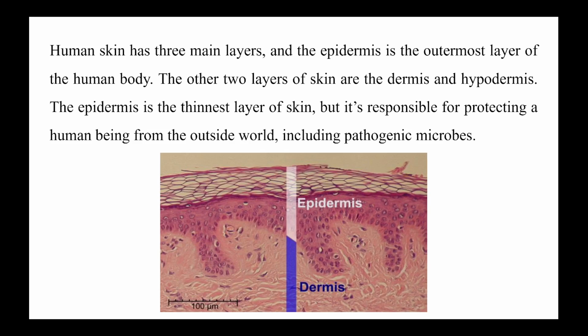So, epidermis is the topmost layer and it is like a covering for our body. Whenever you buy food from the market, it is generally covered in a plastic wrapper, right? So think of the epidermis as the wrapper that is protecting our body from the outside world.